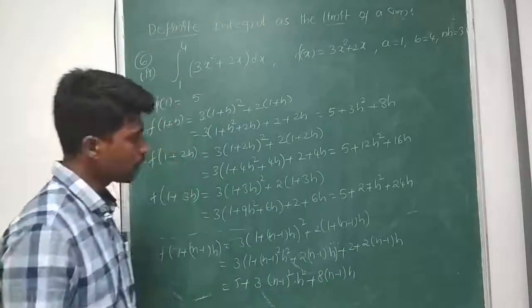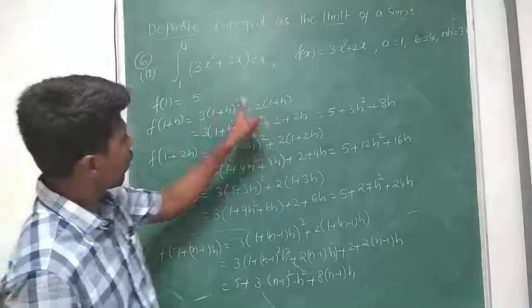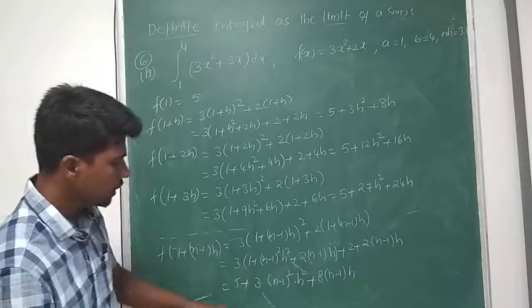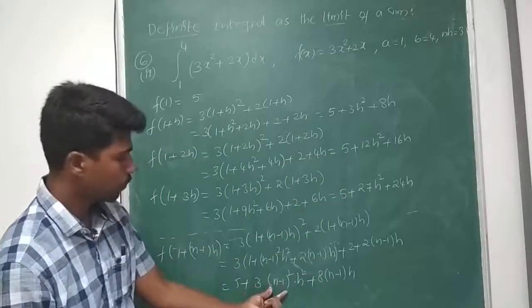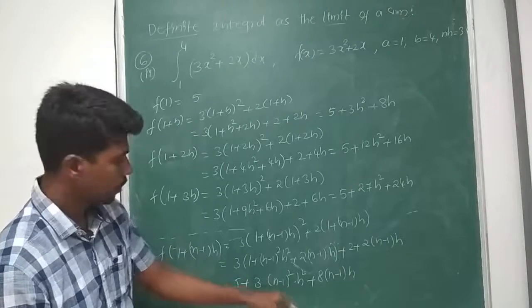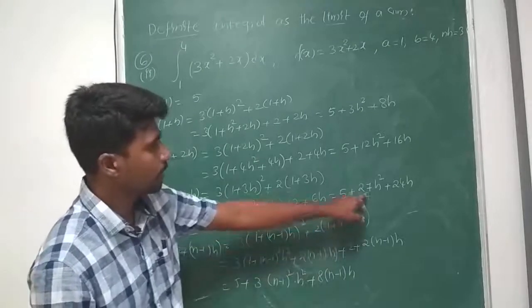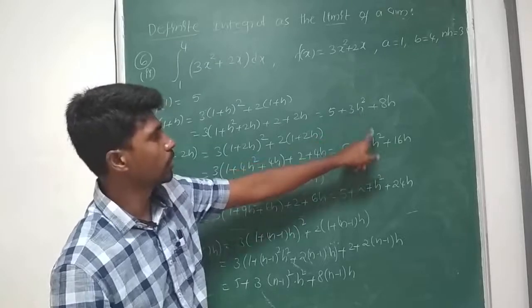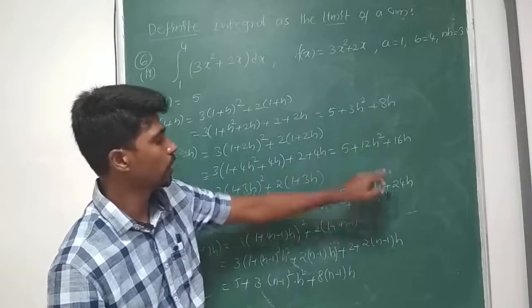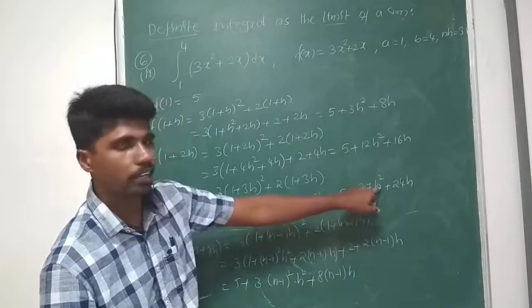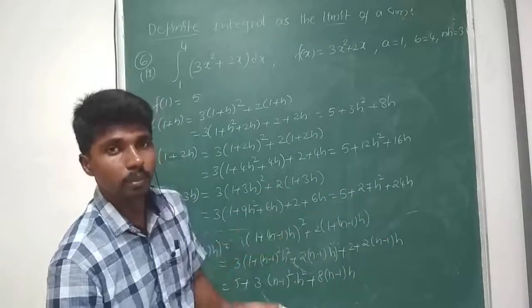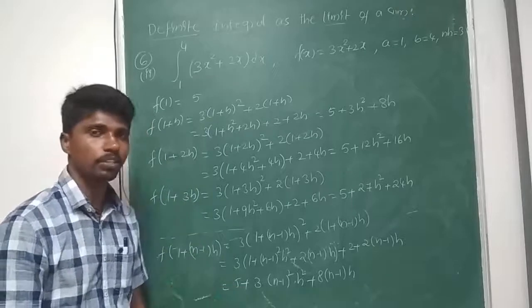So by seeing this, what do you understand? In all we have a 5 common. Next, 3 into the square of a particular number into h squared. So everywhere I can take 3 common in this h squared: 3 into 1 into h squared, 3 into 4 into h squared, 3 into 9h squared. So by seeing this, we can write it as 3 into the sum of the squares of the first n minus 1 natural numbers.